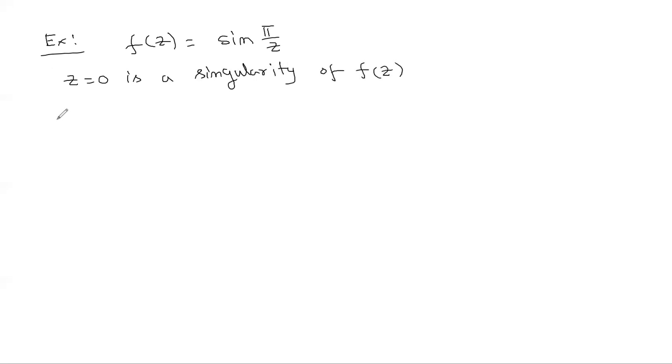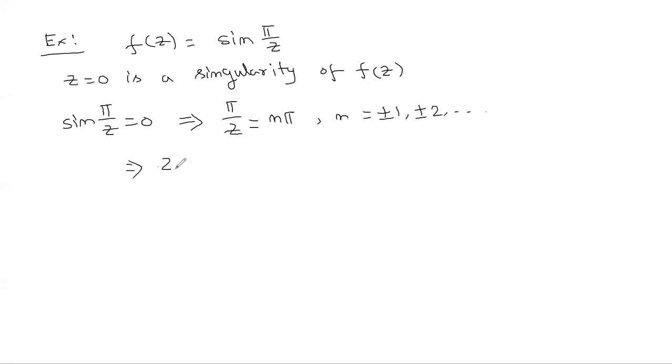Now if we equate fz to 0, we'll get the set of all zeros. So from here we are getting pi by z equal to n pi, n equal to plus minus 1, plus minus 2, etc. So Zn is equal to 1 by n for n equal to plus minus 1, plus minus 2, etc.